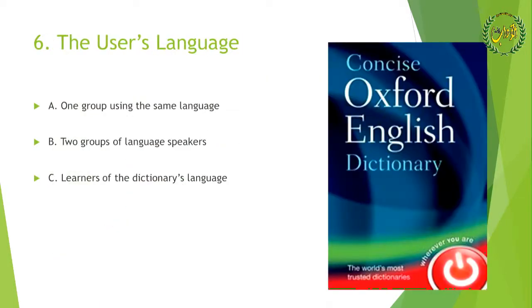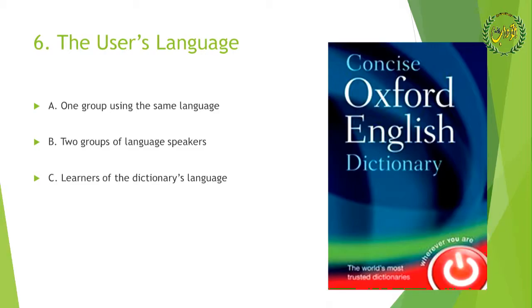Number 6, here we will start with the properties that are related to the users of the dictionaries: A, B, and C, as you can see. The user's language. What is the user's language? The user's language means for whom the dictionary is written.